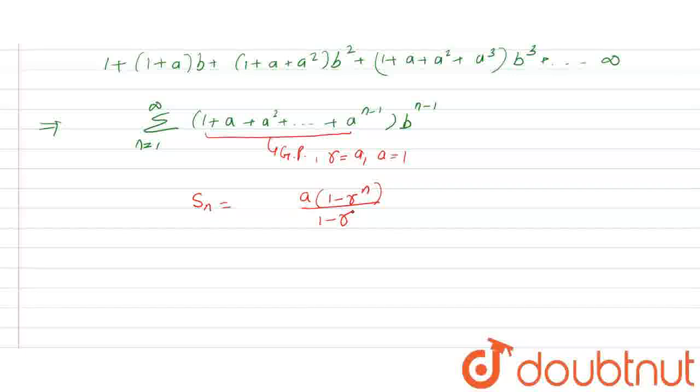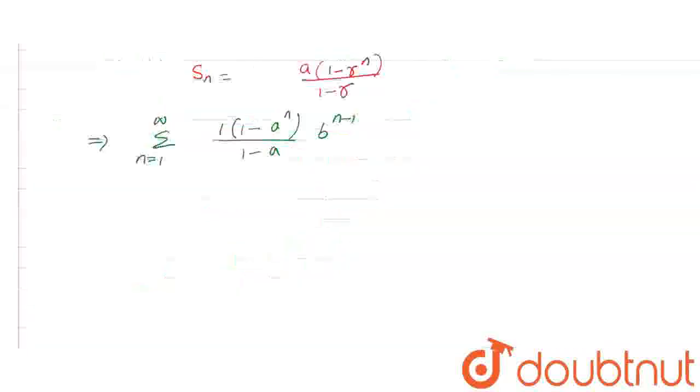When I apply this formula to this GP, this becomes the summation, n from 1 to infinity, where the first term is 1, so 1 times (1 - a^n) upon (1 - a), into b^(n-1).